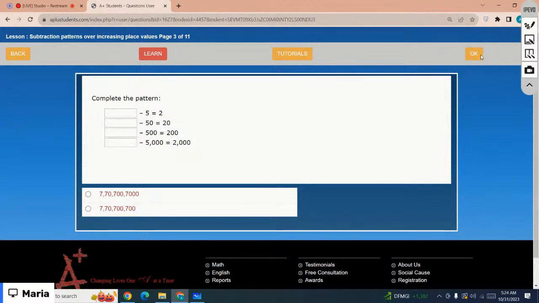Okay, the next one is which missing number minus 5 equals 2, missing number minus 50 equals 20, missing number minus 500 equals 200, and then missing number minus 5,000 equals 2,000. So which number is missing?